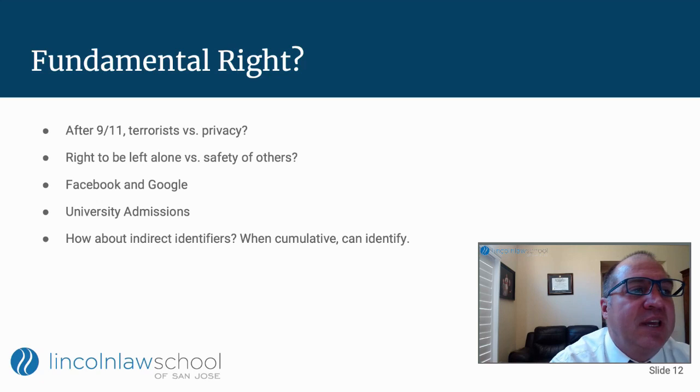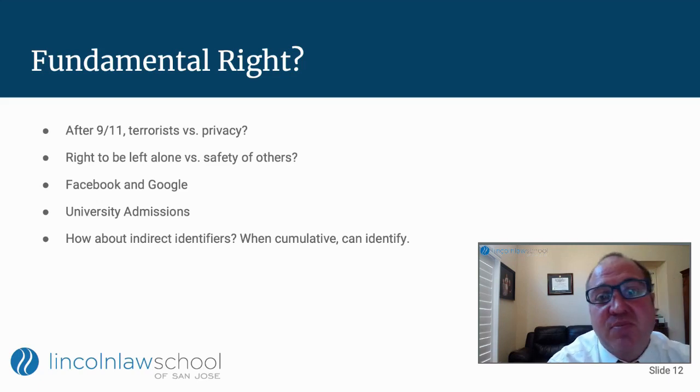Same with Google, of pulling in information. We're going to look at identifiers next time we meet, and you'll really see why this is relevant. And I think it will surprise you as to how an individual can be identified with seemingly very little information. And that's why this is so important with Google, Facebook, social media, and the internet.